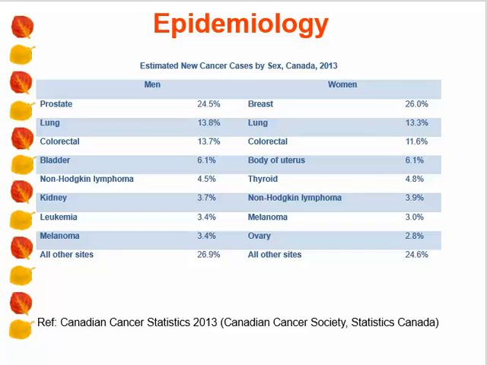It doesn't even appear on the women's side. Thyroid, non-Hodgkin's lymphoma. You'll see that melanoma is someplace in about that 3%. That's from sun. I'm not expecting you to memorize this, but just to familiarize yourself with this.